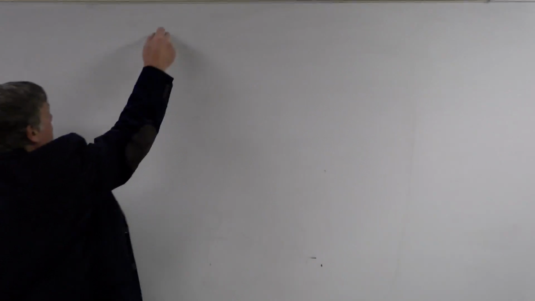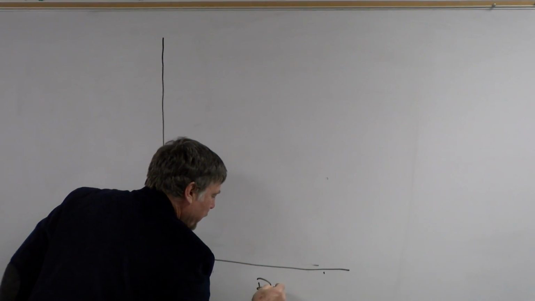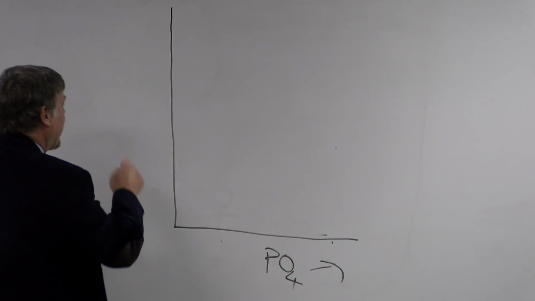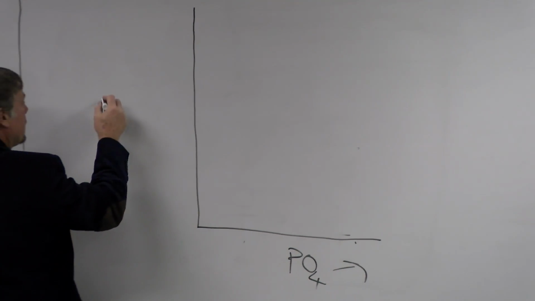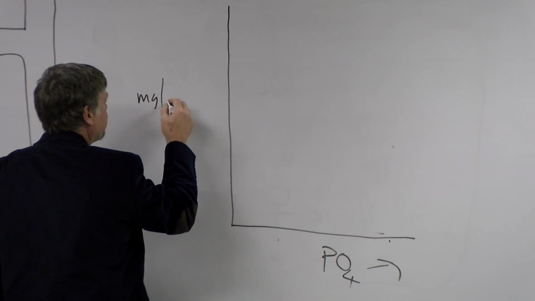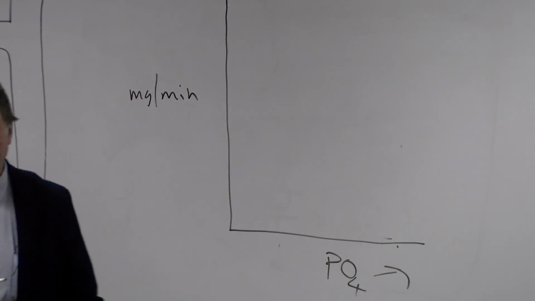Remember when we showed that if you plot the plasma concentration, so phosphate concentration in this direction, and measure the amounts, basically the 3 graphs, milligram per, is it per minute? What's on that axis?